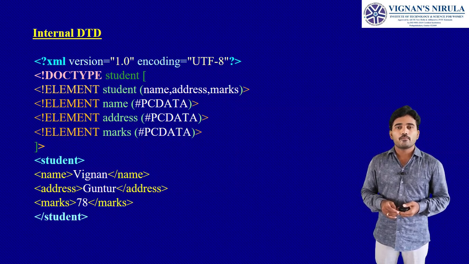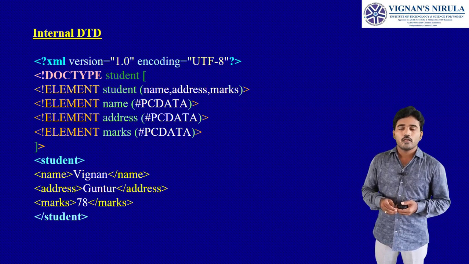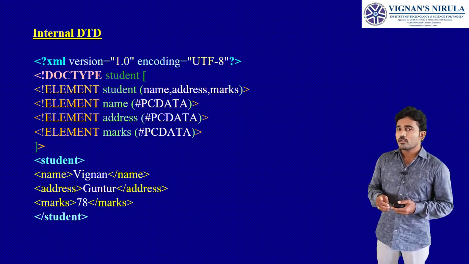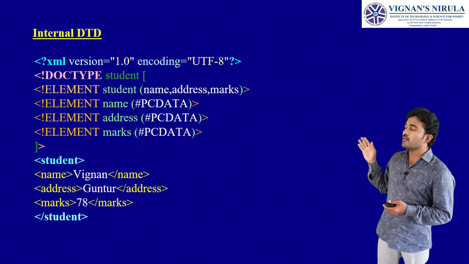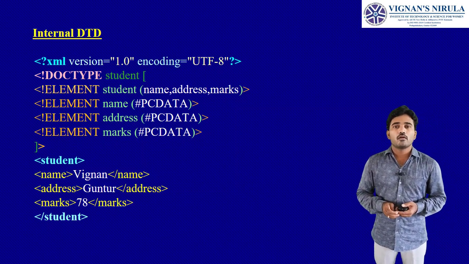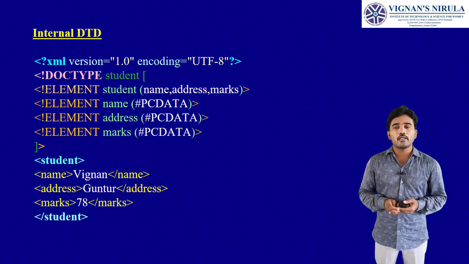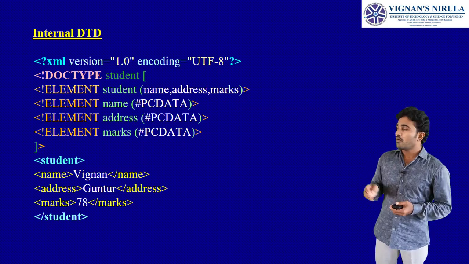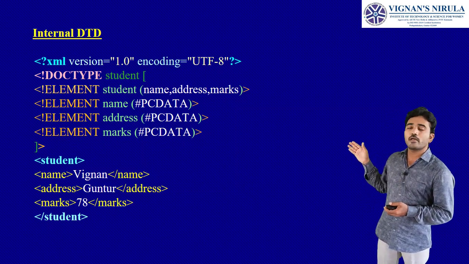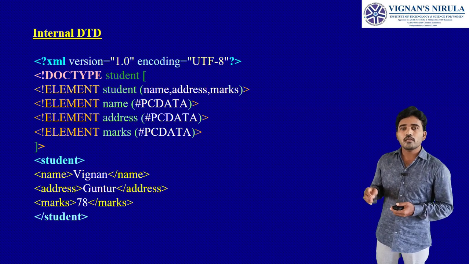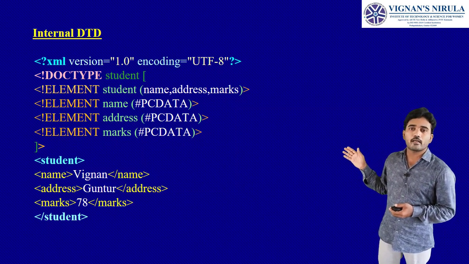For the student element, I am writing the DTD here. First I am writing the element student, which consists of 3 child elements: name, address, marks. Thereafter I am defining each element and its type. The first element, name, has the type PCDATA.